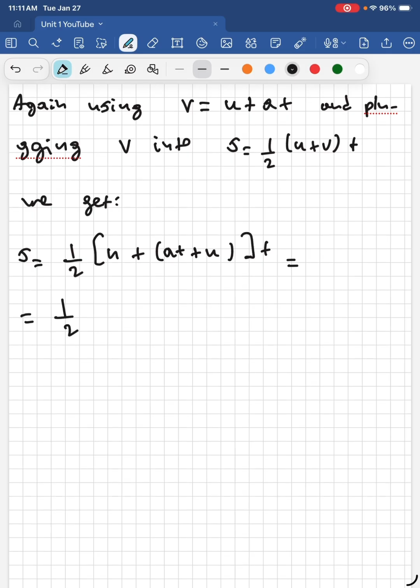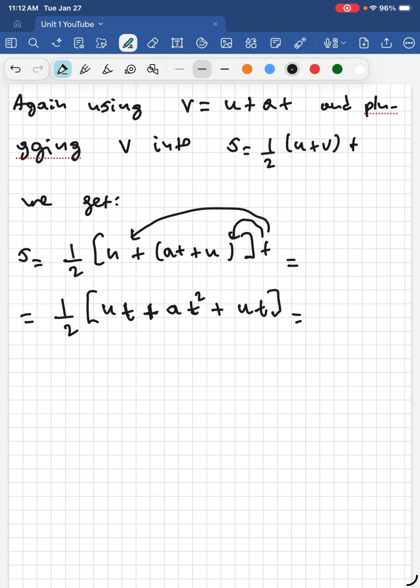So we have 1/2, multiplying out, ut plus at squared plus ut.